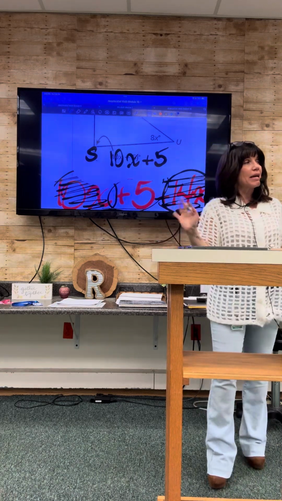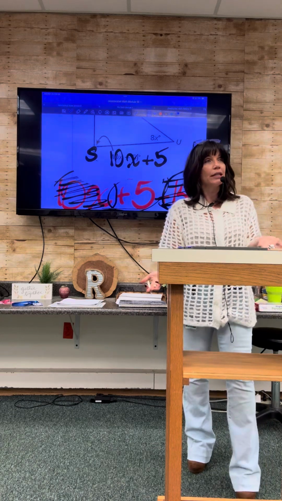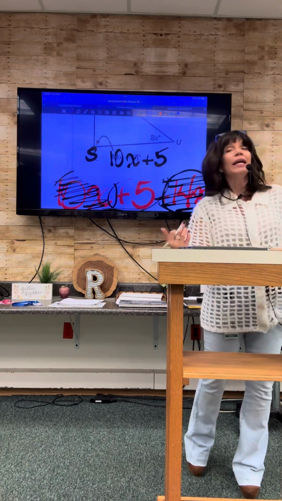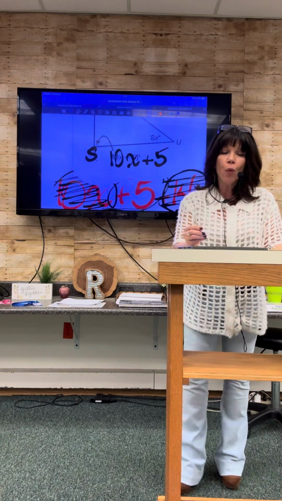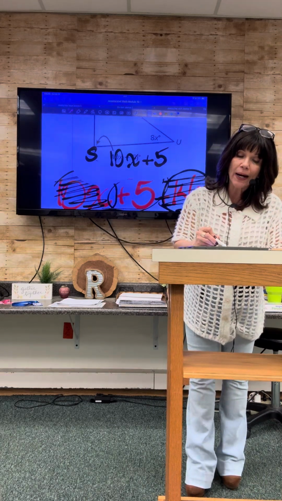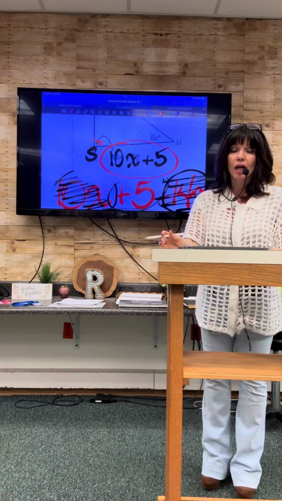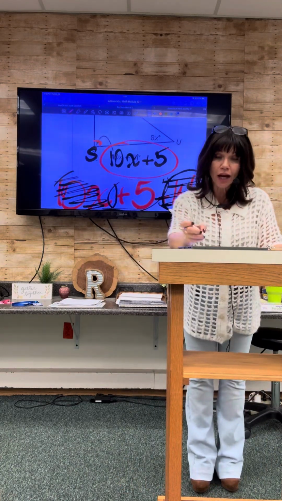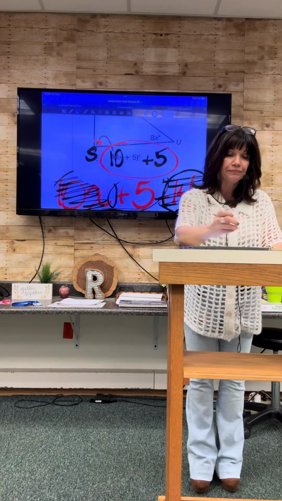Now I'm not commenting on what the x was really worth, but let's just pretend it was worth 2. If x turned out to be worth 2, then what can I do to find the value of angle S? Raise your hand. Yes, sir, at the back. I love your answer. Replace x with 2 and do what?